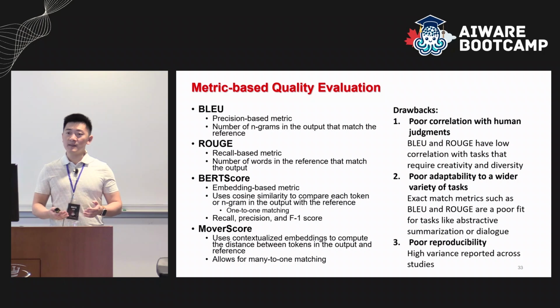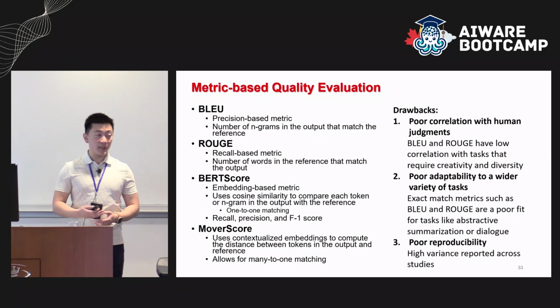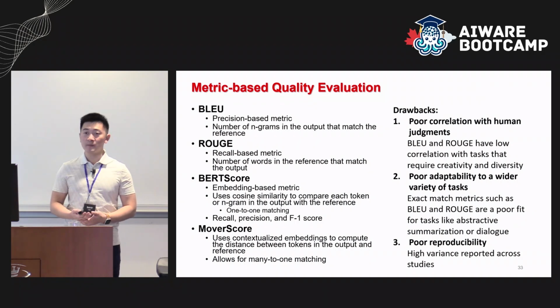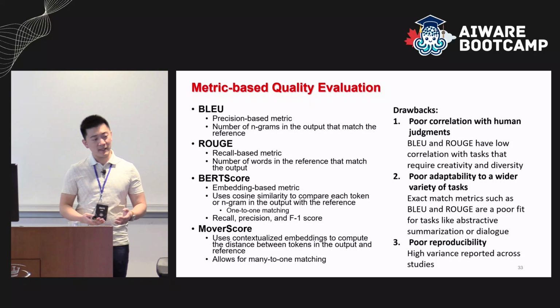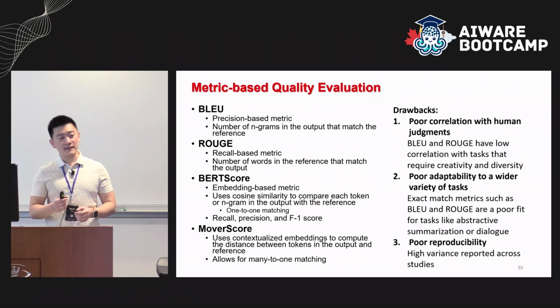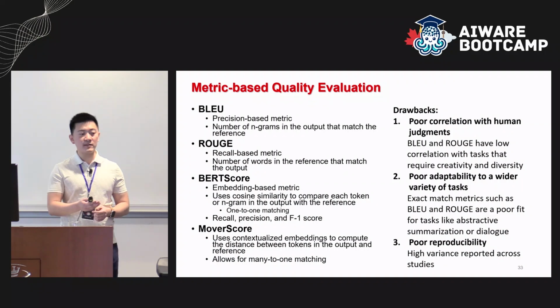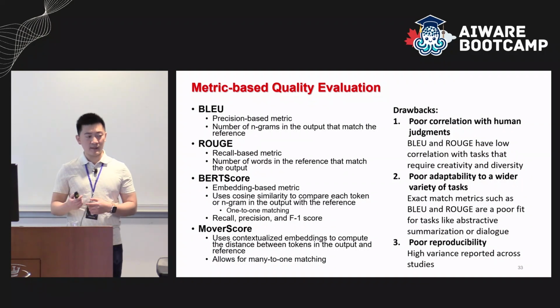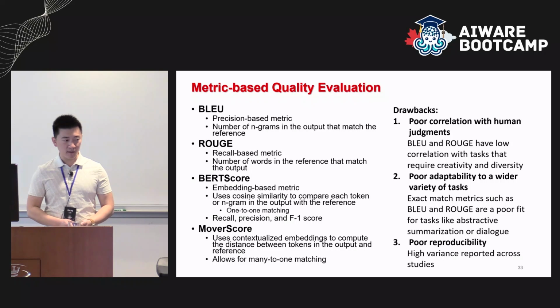You're still going to see them a lot in different papers, tutorials, and online blog posts, so it's still better to know what they mean. They are BLEU and ROUGE, which are very commonly used. They are precision- and recall-based metrics, respectively. They try to measure the number of n-grams or words in the output or in the reference that match, so in that way you are checking either the precision or the recall of the output.